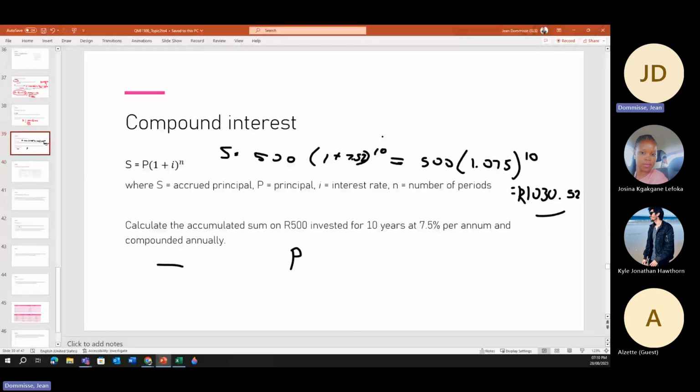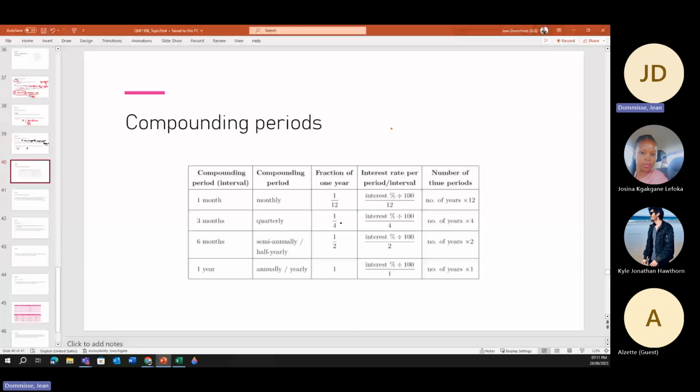So if this was monthly, you would have needed to divide by 12, but that you would have multiplied by 12 again. You will see here that your number of time periods you would have multiplied by 12, but your interest rate you would have divided by 12. This is a nice graph to have with you, especially when they ask those weird time period ones.